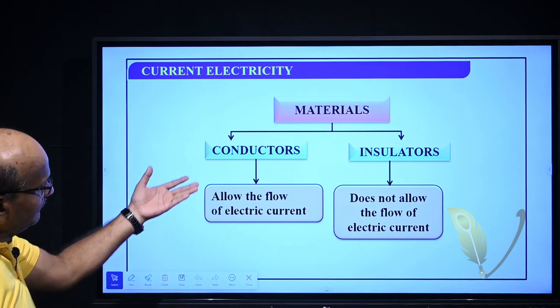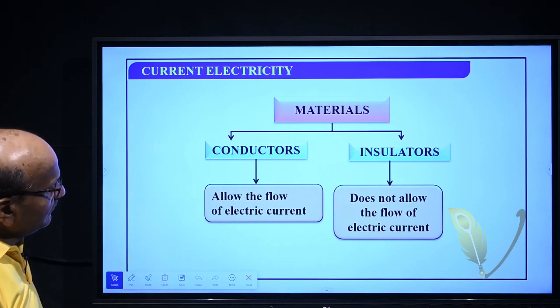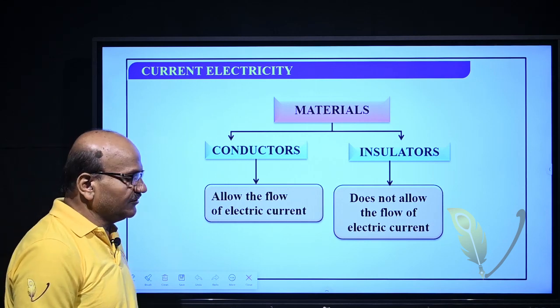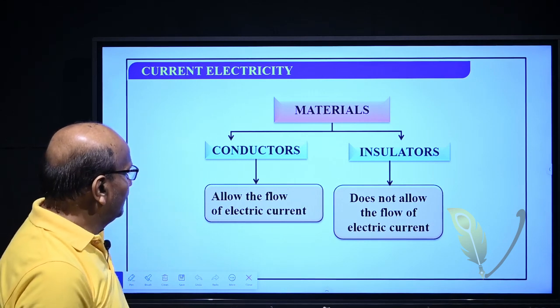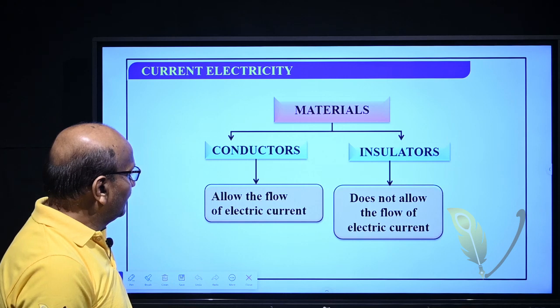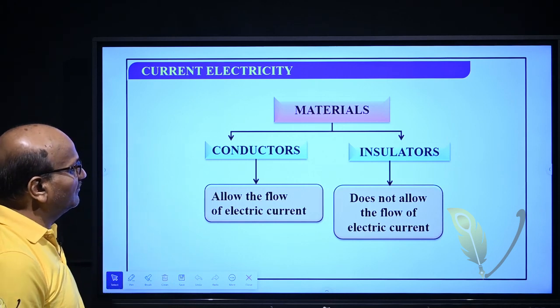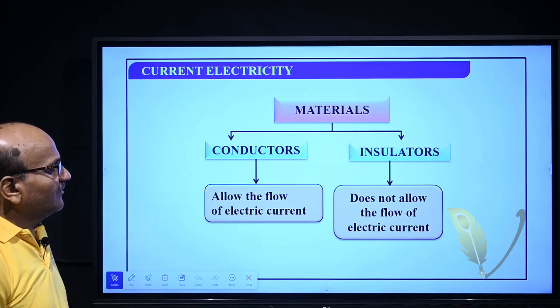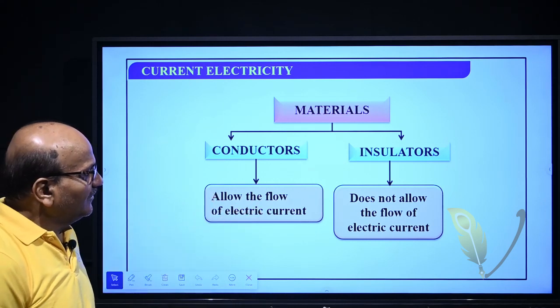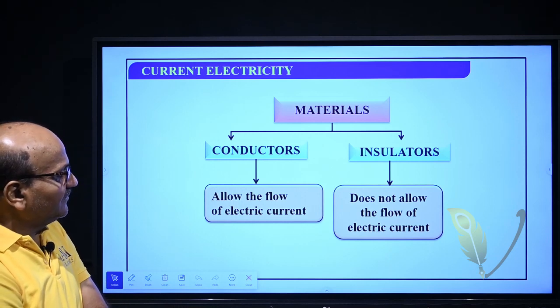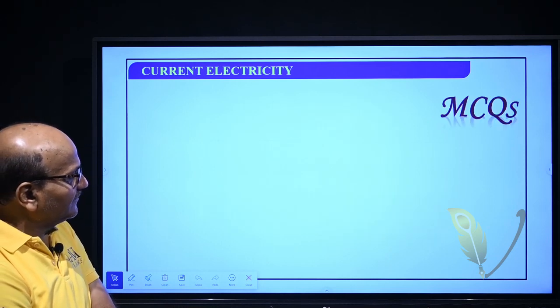For conductors, for example, all metals are good conductors, water is a good conductor, electrolytes are good conductors, the human body is a good conductor, and earth is a good conductor. Insulators are wood, plastic, rubber. So these are the insulators.